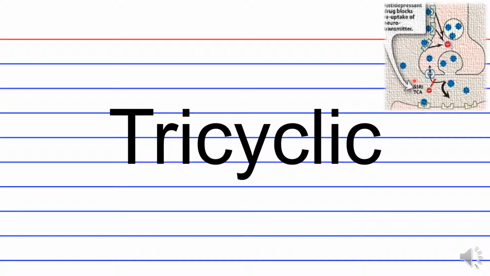that the mode of action or the mechanism for this tricyclic antidepressant is to block the reuptake of the neurotransmitter, allowing it to saturate the brain tissue, okay?